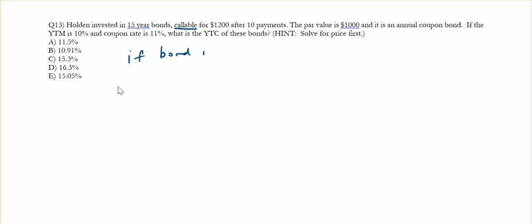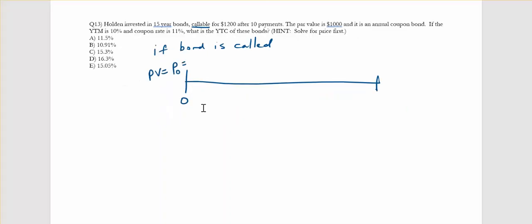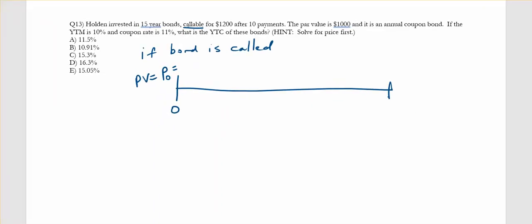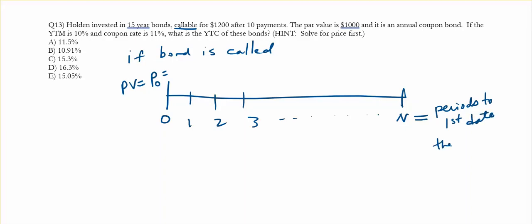If a bond is called, you buy the bond for some price, and your N are the periods to the first date the bond can be called, meaning the issuer can buy back the bond at a fixed price.